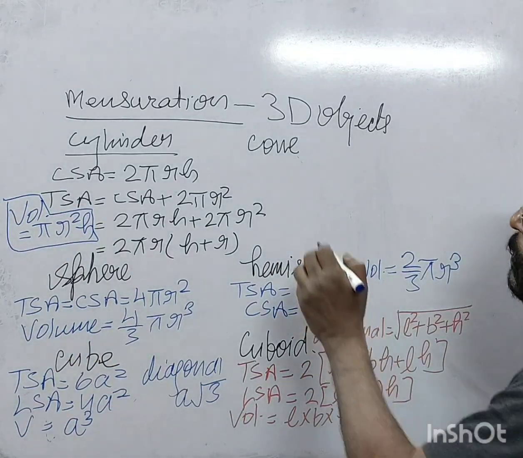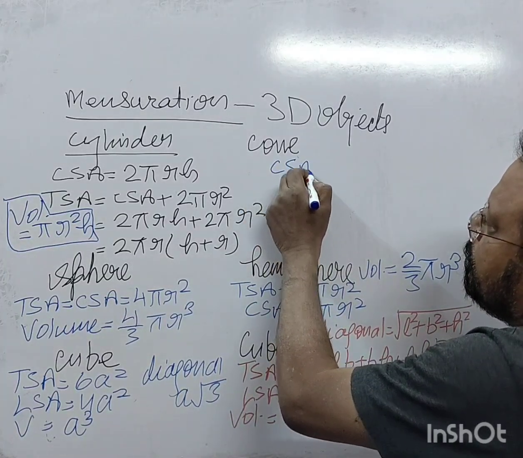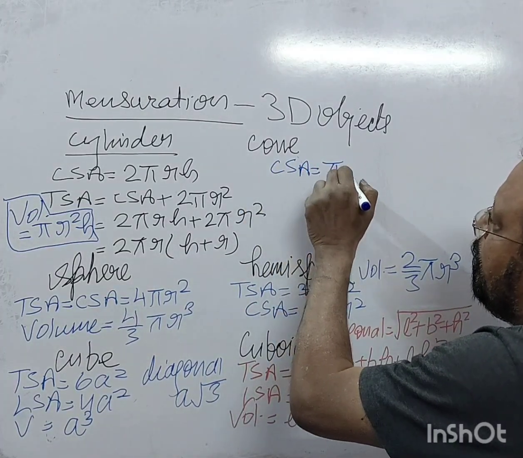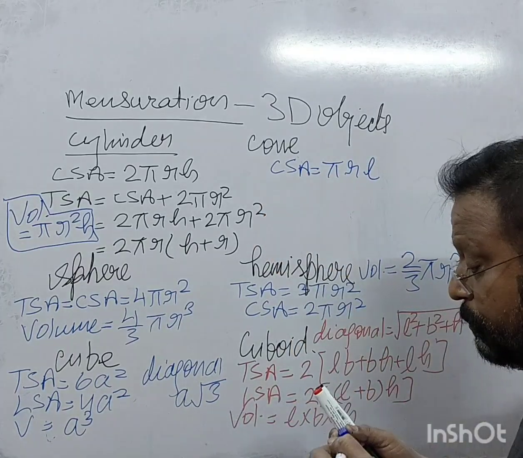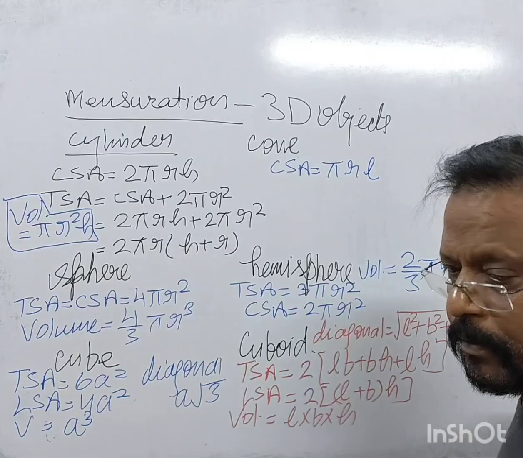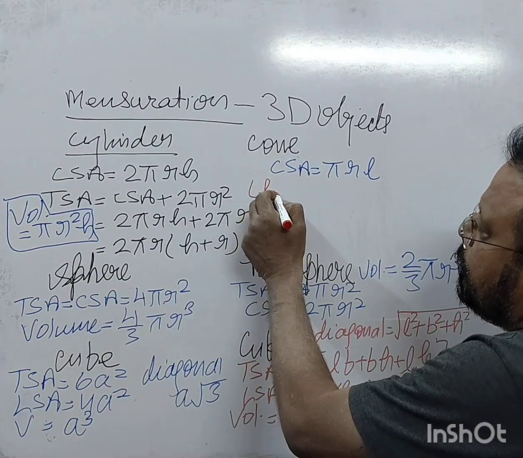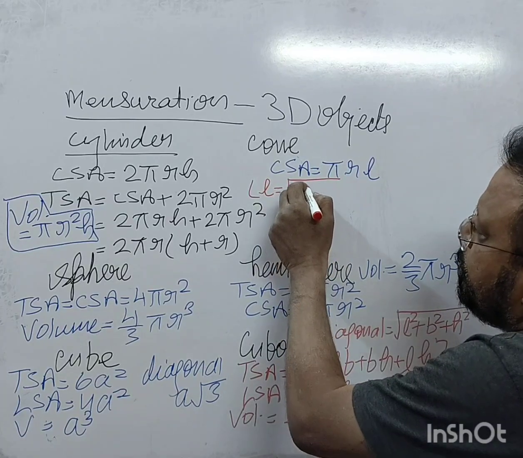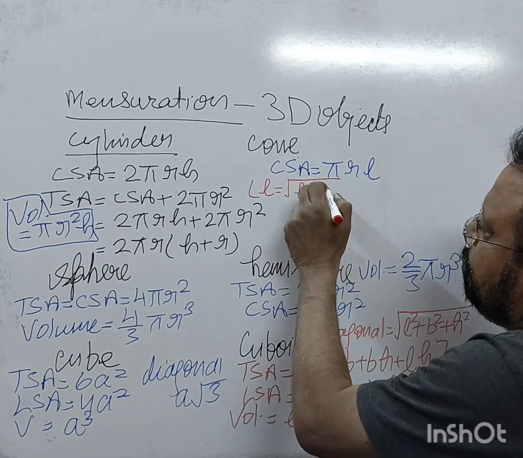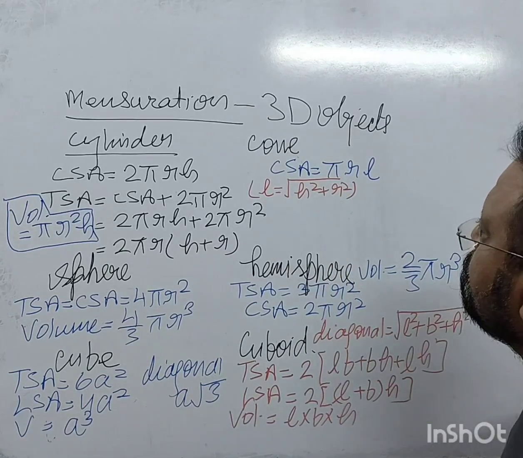Now we have cone. CSA is equal to pi rl, where l is equal to root over h square plus r square, right?